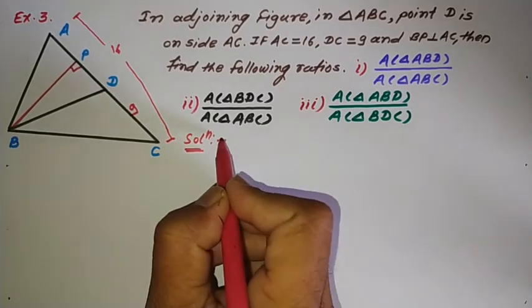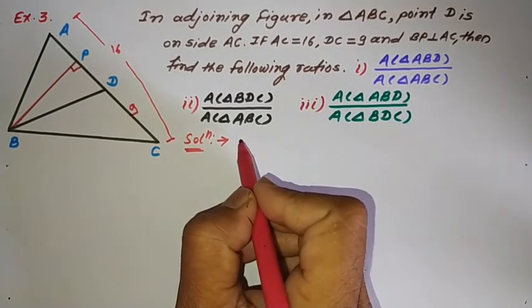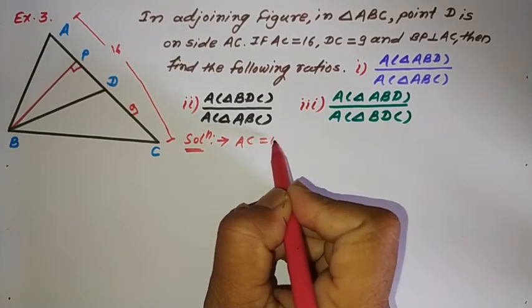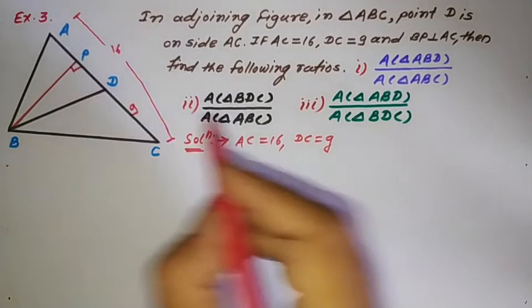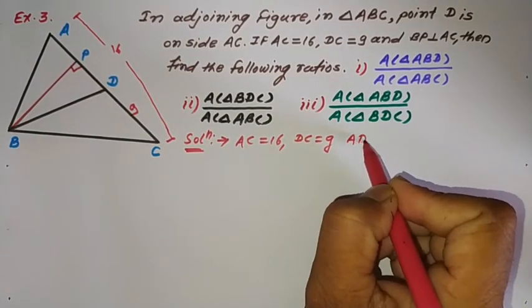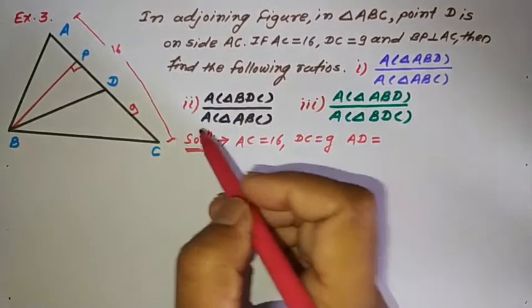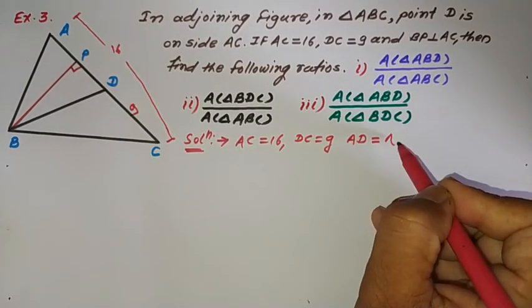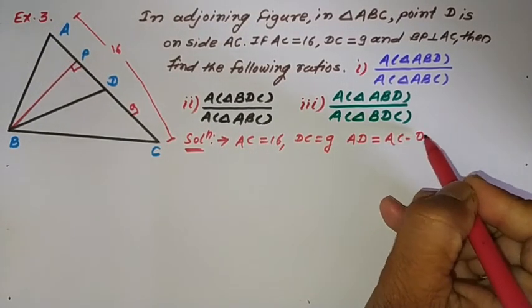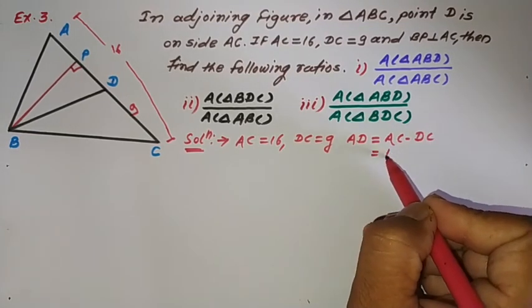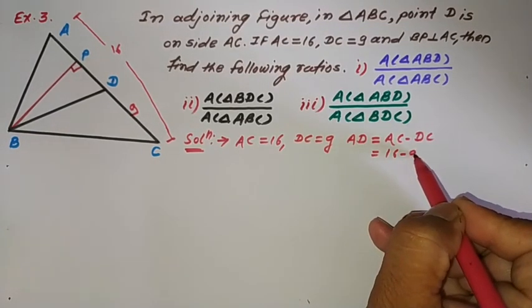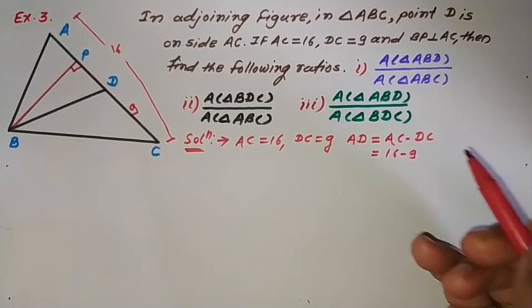Here AC is equal to 16, DC is equal to 9, and AD is equal to AC minus DC, which is 16 minus 9, equal to 7.